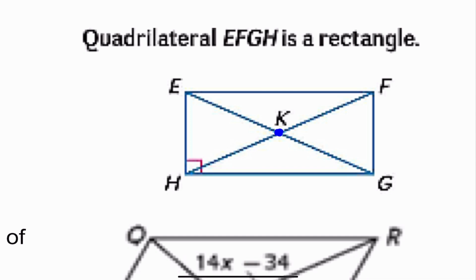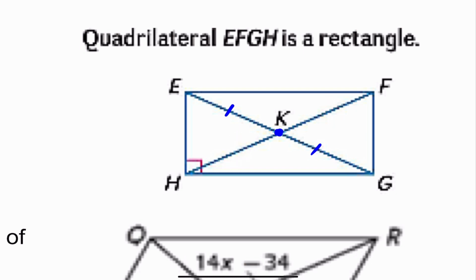So this is saying, since I have the midpoint, it's the midpoint of EG. So I put one segment here and one segment here. Now, since we know that K is also the midpoint of HF, how many tick marks do I put here?